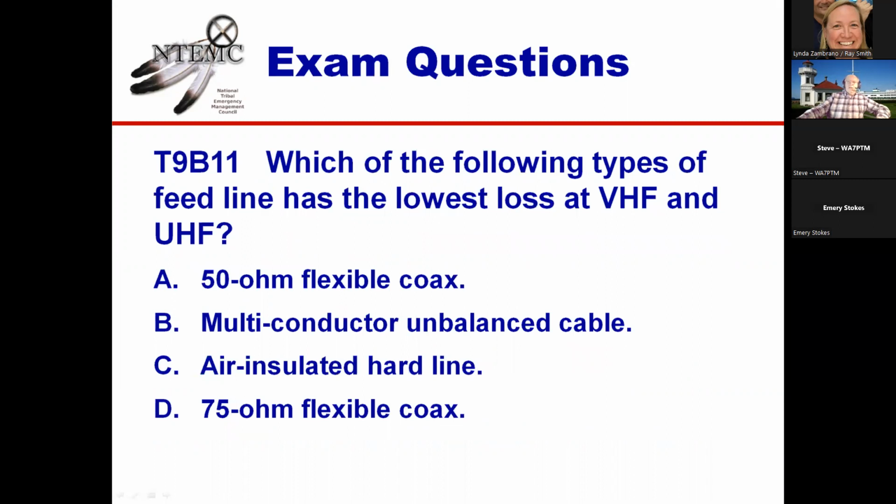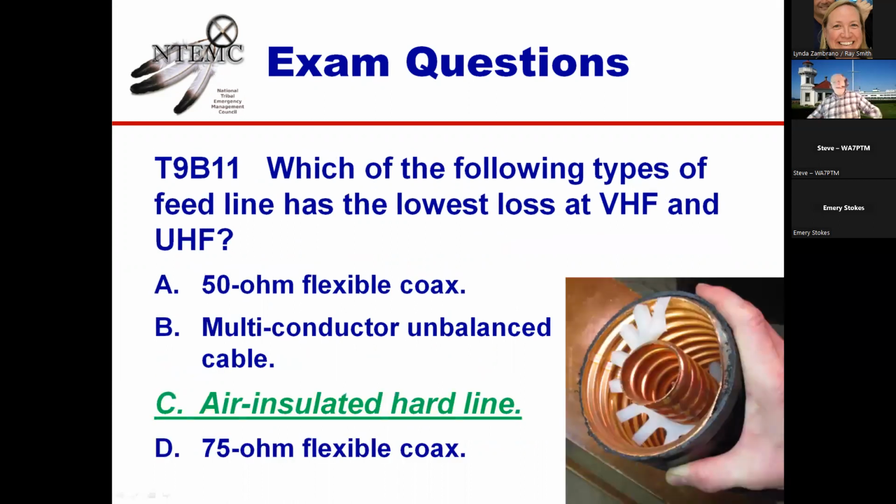Which of the following types of feed line has the lowest loss at VHF and UHF ranges? We really haven't talked about that, but it's air insulated hardline.